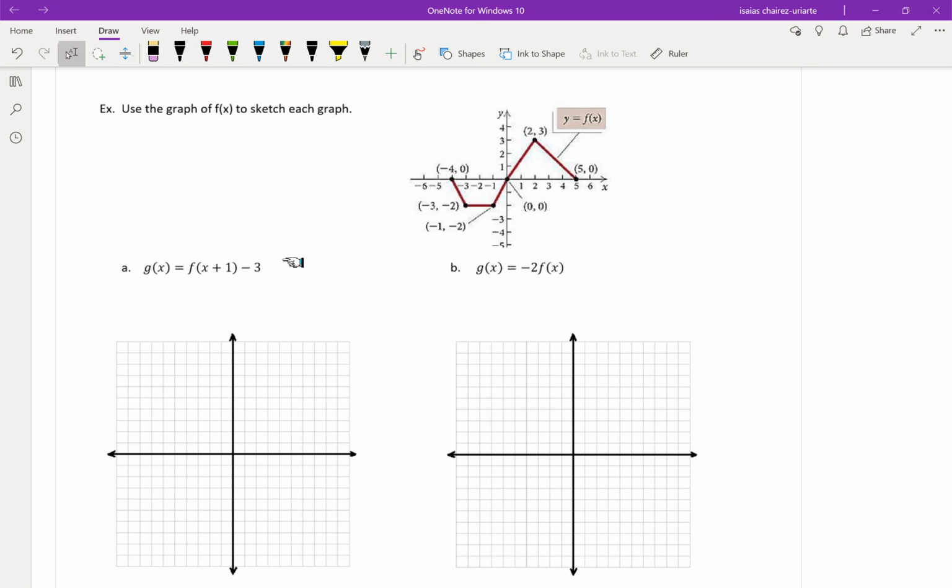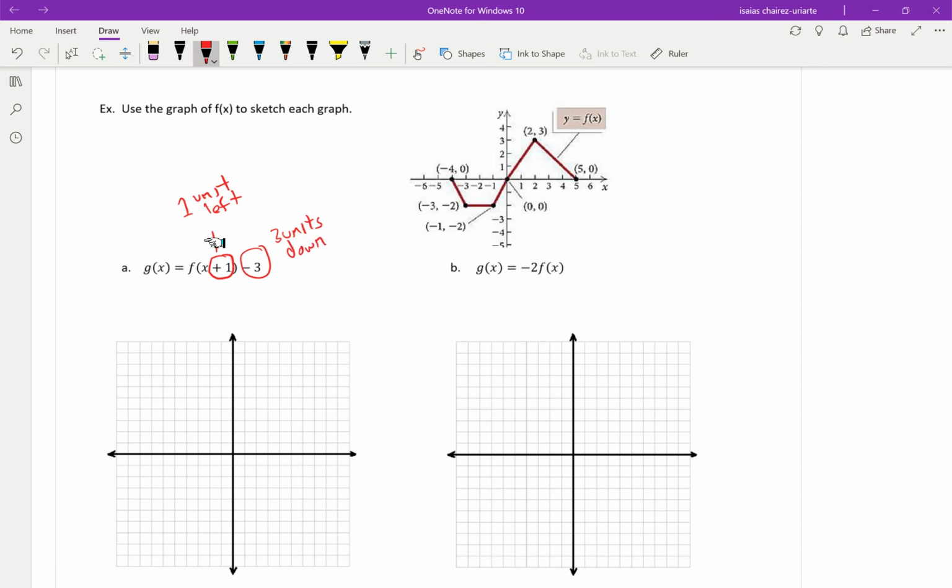All right, let's see. Let me sketch A, the transformation A. Let me first think about the transformations that happen. That right there is 1 unit to the left. This is 3 units down.